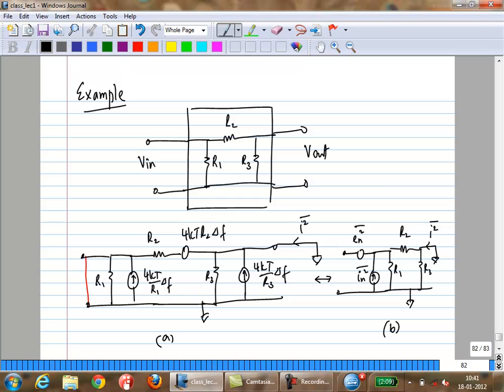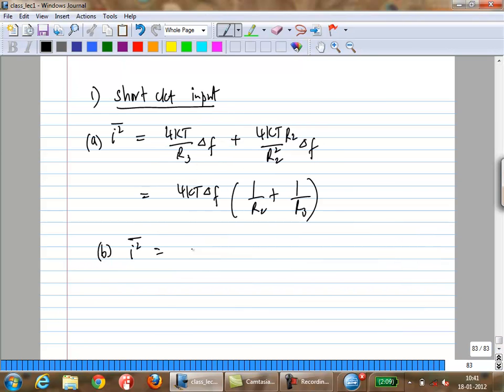It's just En squared over R2 squared, right? What is this noise current? You have En directly appearing across here, right? So it's just En squared over R2 squared. Correct?